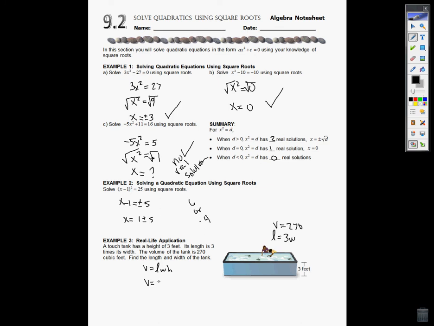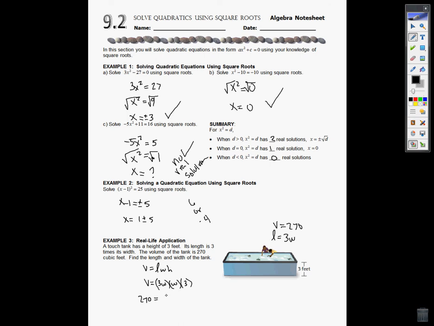So I can say length is 3w, so that's length, times width, times height, which is 3. So length, width, height. So what's really cool now is that if I fill in what the volume actually is, which is 270, I only have one variable, and I can solve for that variable.